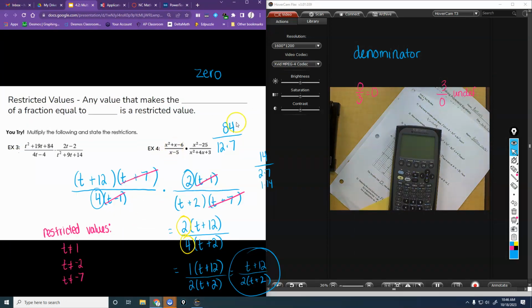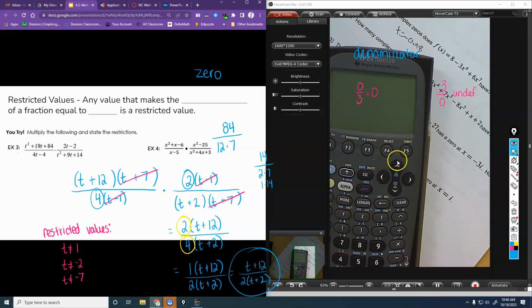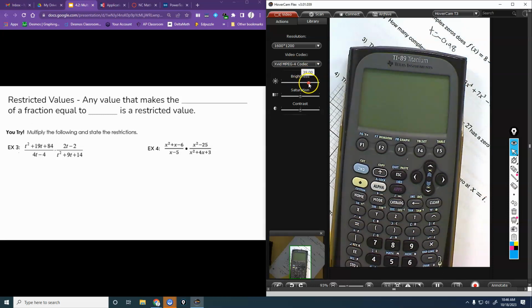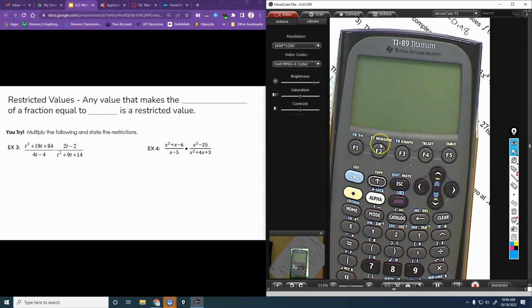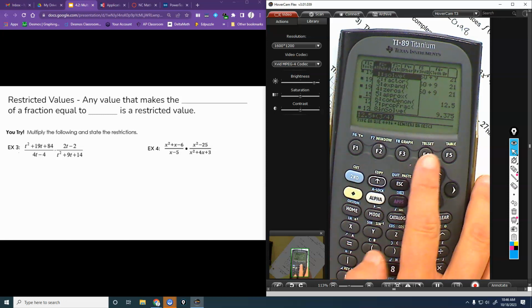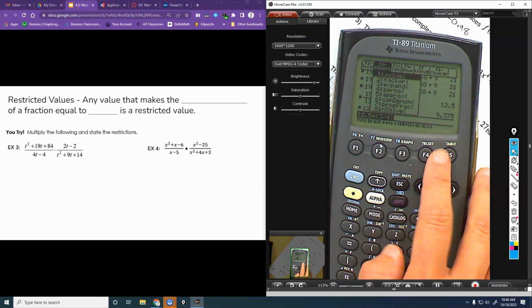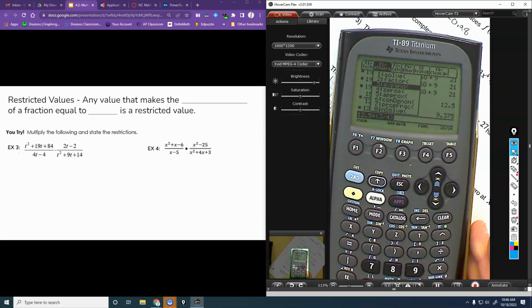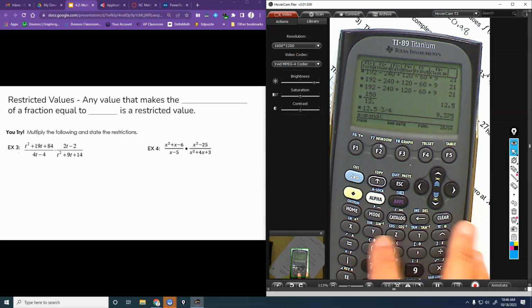For example, if I wanted to do the next problem, it's kind of small, you can't see it. If I want to do the next problem, these calculators, I can tell it... Does expand work? I think so.